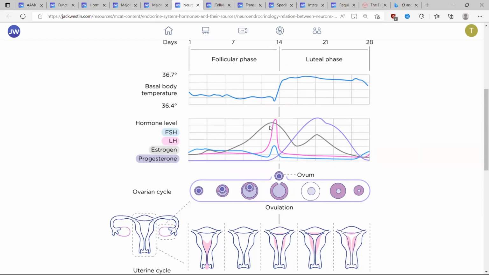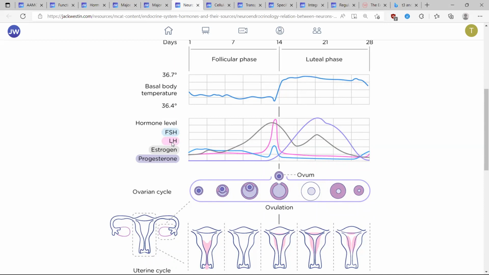It starts the thickening here. Then once it has been thickened, and if an egg attaches there, then progesterone will start to increase. Progesterone protects the endometrium and causes it to grow more.